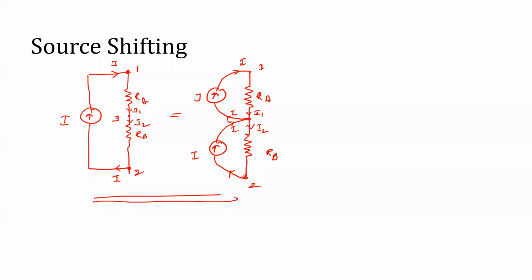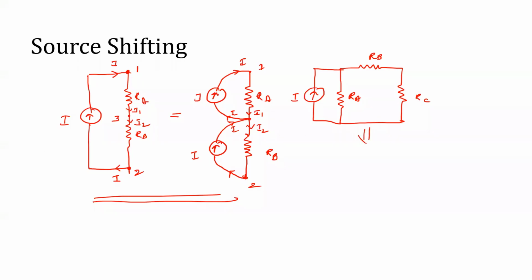Good. So I will tell you one more concept here, using one more example. RA, RB, RC. This is the current. Okay. So using the source shifting concept, redraw its equivalent circuit.